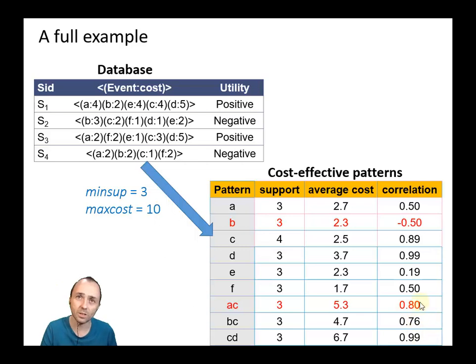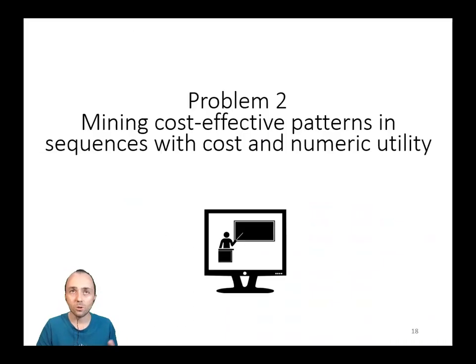Here we can see that AC is a very good pattern because it has a very high correlation, for example. There are some other patterns like B. It has a negative correlation. So this pattern may be not so good. Maybe it will not help to get a good outcome. Okay. So this was the first problem.